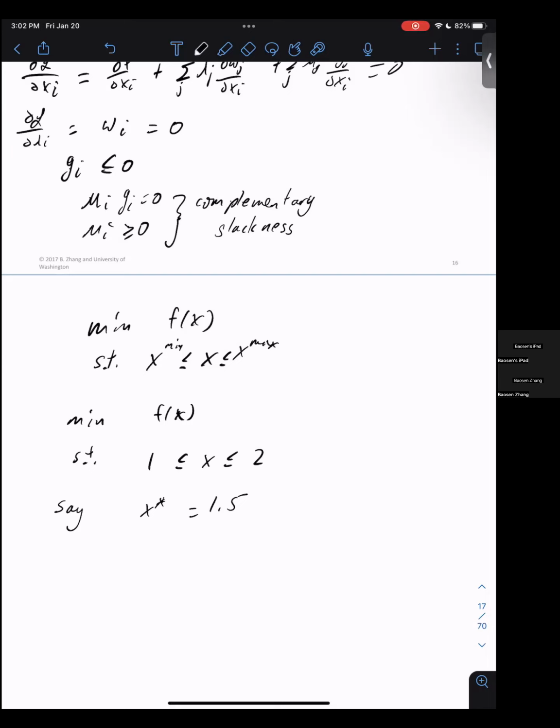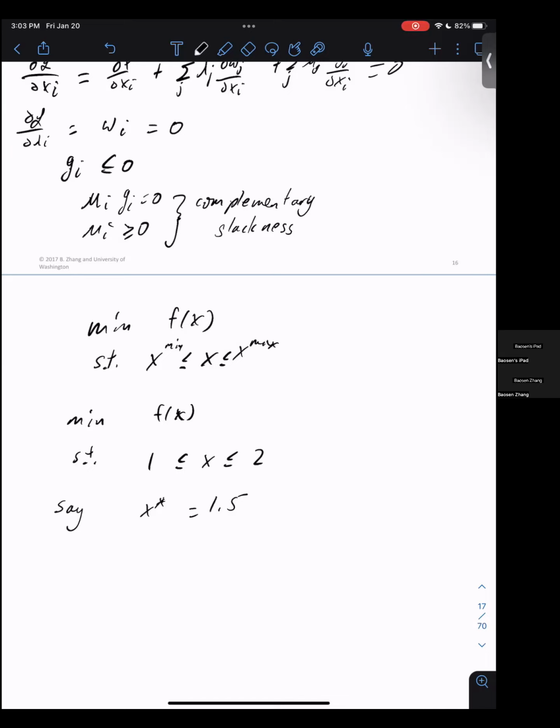Then for this problem, it's as if these two inequality constraints didn't exist for you. The important thing is, if x star turns out to be 1.5, then whether you have this constraint or not doesn't matter, it will not impact your solution. Okay, so that's the idea.